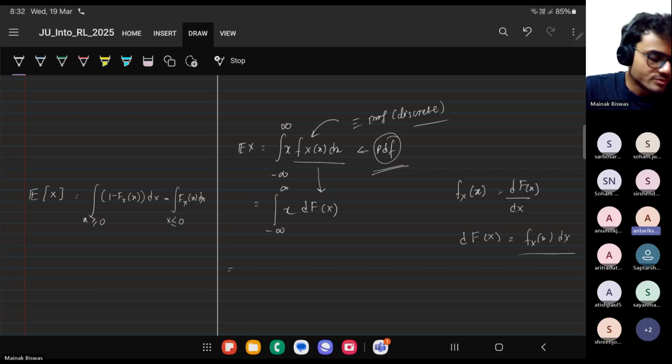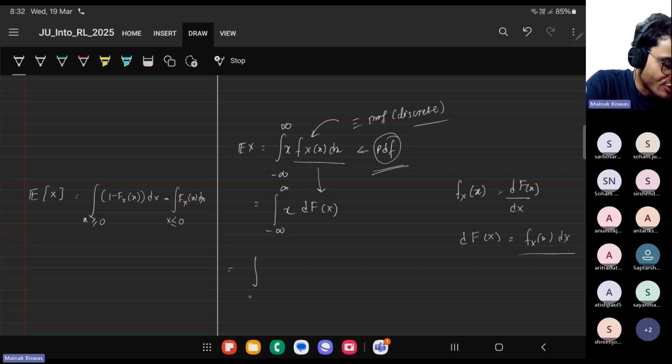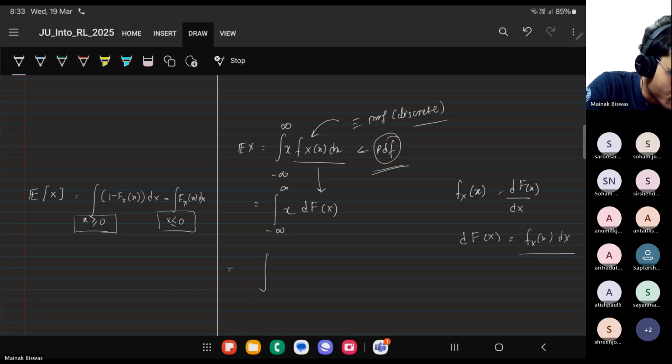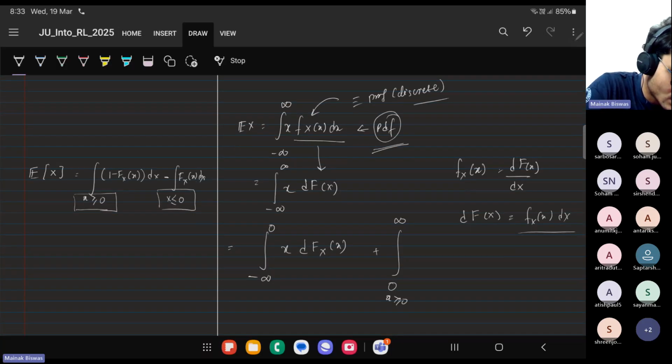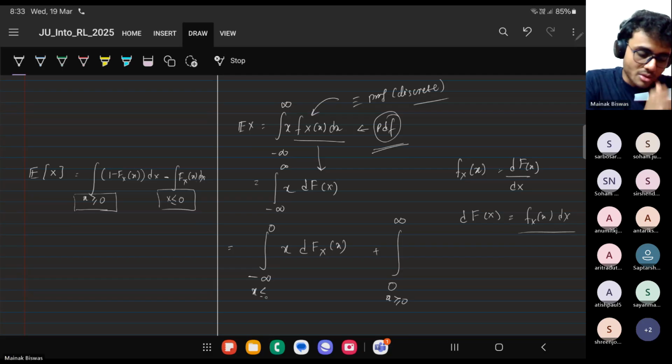Fine. Yes. So now, between minus infinity and infinity, there are two conditions. When there is a proof, what you try to do is see the conditions. One is x greater than 0 and one is x less than 0, right? So let me break this integral into minus infinity to 0 of x dF(x), and 0 to infinity, because this is the x greater than 0 condition and this is the x less than 0 condition.